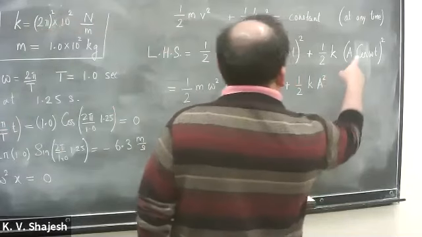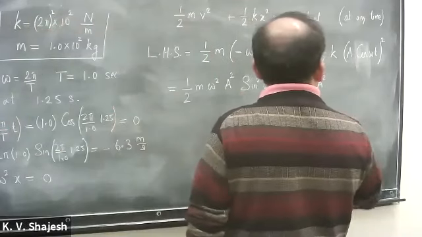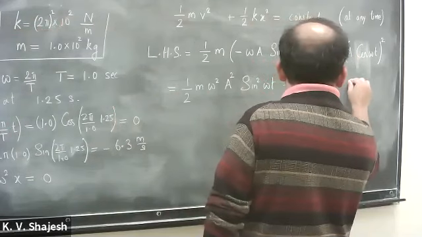Same thing for the potential energy: it's half k A squared times cosine squared omega t.